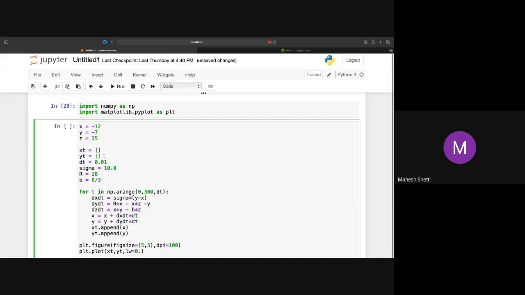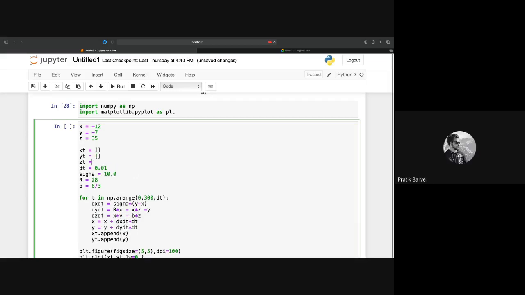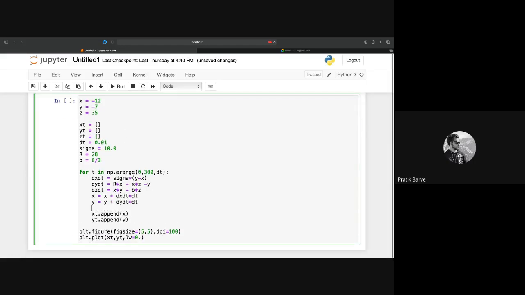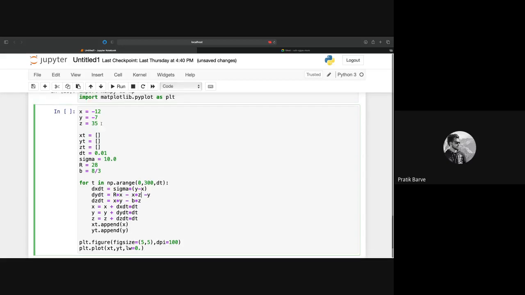Okay, then I was going to do it later, so let's do it right now itself. I'll create zt also, and I'll add z values also. You will have to add z values because it is incorporated in dy by dt. No, dy by dt has a z value which we have already set.